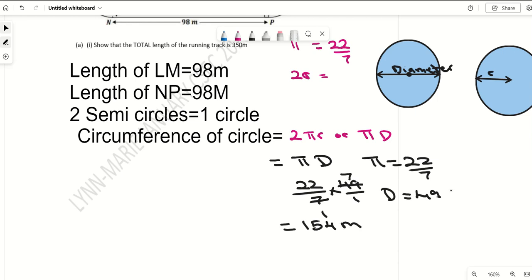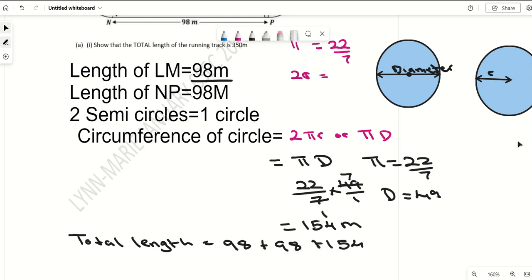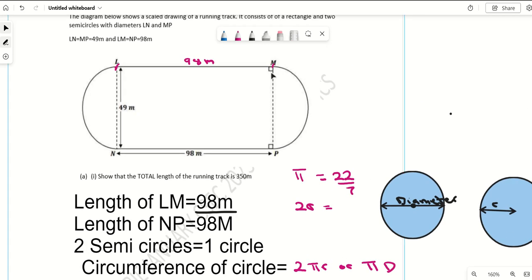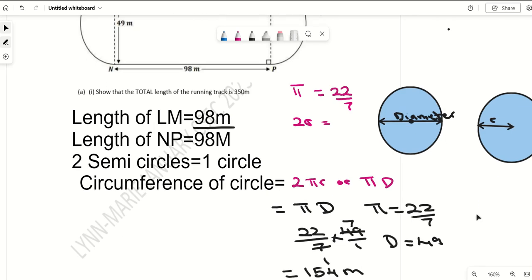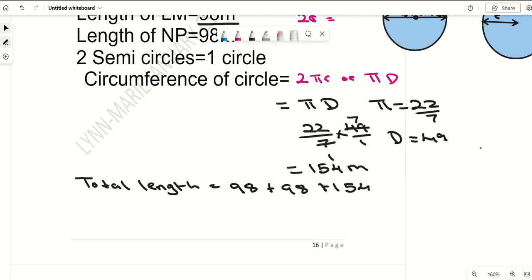So if we want the total length, this would be your 98 here, 98 plus our next 98 plus 154, which is the distance around these two semicircles, from M to P and then L to N. And when we add up this, you are going to get 350 meters.